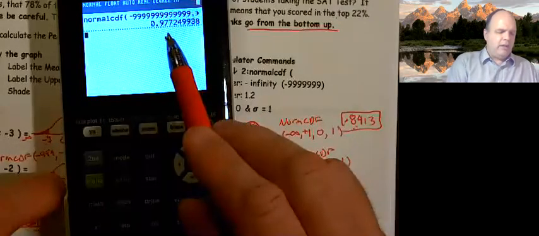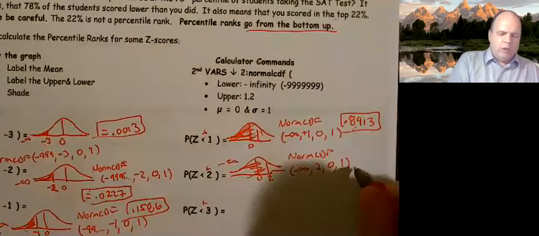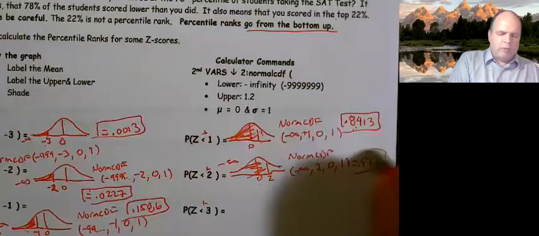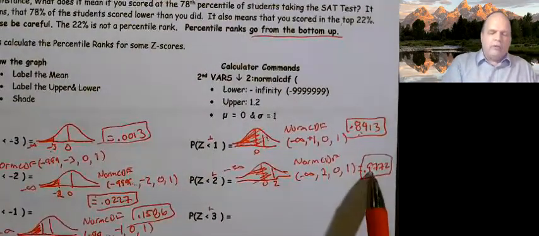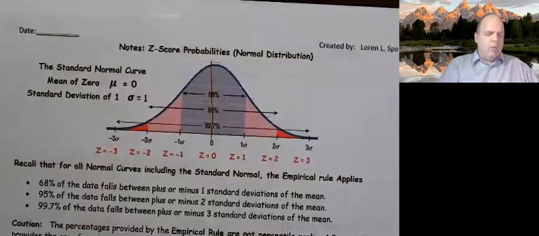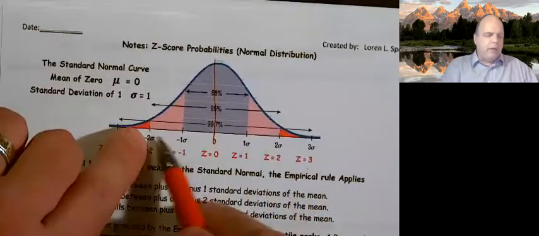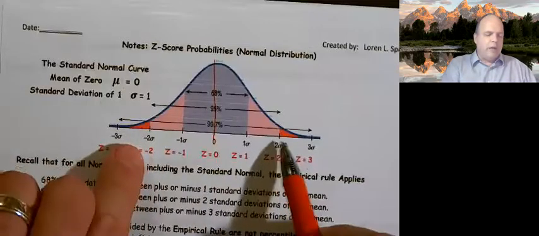And we get 0.9772. Now, some of you are probably pointing out, you know what, Mr. Spencer? You said 95% was between plus or minus 2. And you're right, I did. When this is 97%, so it's not quite that close. Well, why? Well, 95% is between negative 2 and positive 2. But we didn't go between negative 2 and positive 2.